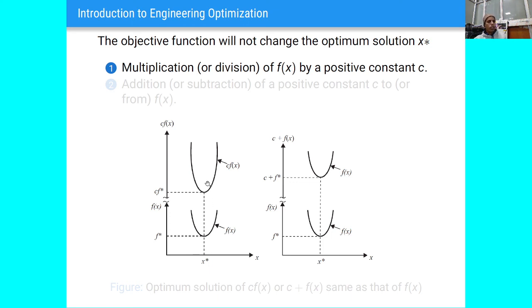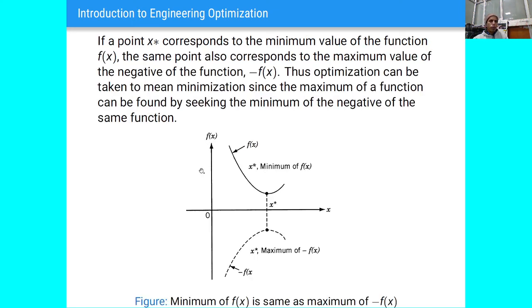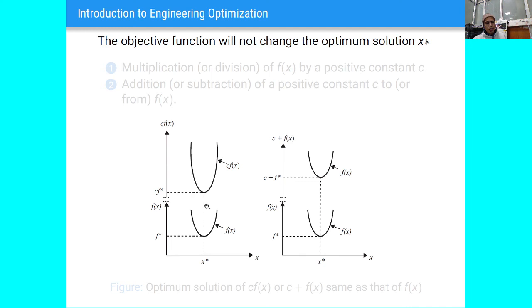So the optimum value is not going to change even if the objective function is multiplied or divided by a certain positive constant. Why a positive constant? If we multiply or divide by a negative constant, then it will become another type of problem. If it is a minimization case, then it may become a maximization case. Is that clear? Okay.